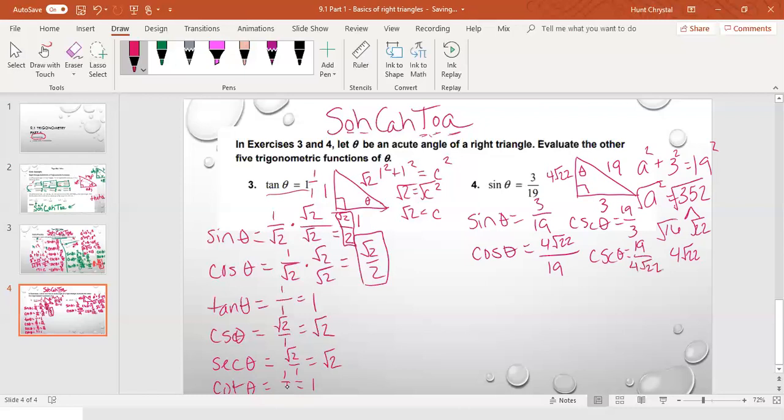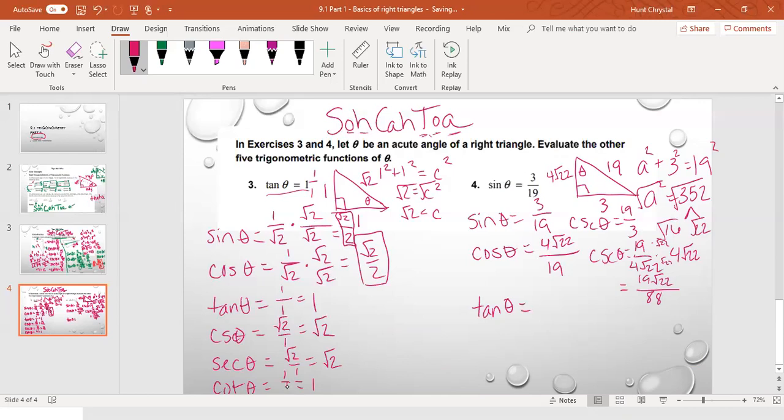And then the cosecant, now we don't like that square root of 22 being in the denominator. I'm going to come down here and fix that. So if we multiply by square root of 22 like that, we would have 19 square root of 22 on top. On the bottom, we'd basically have 22 times 4, which would be 88. And we could just leave that for now. Then the tangent of theta is opposite over adjacent.